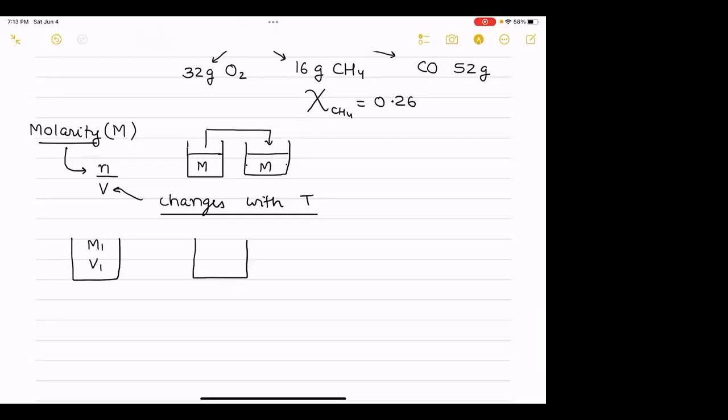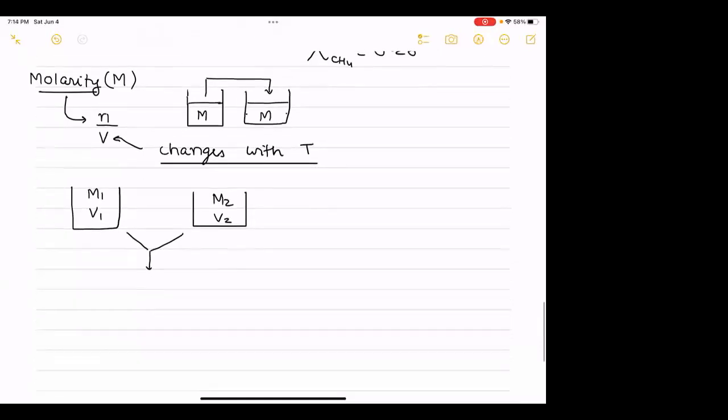If you have another solution which has molarity M2 and volume V2. So M1 V1 is equal to M2 V2. Yeah, and you mix them up, and the resulting solution has molarity M3. And the volumes, I am assuming, are simply added, V1 plus V2. Okay, so the molarity is M1 V1. Why are you doing this?